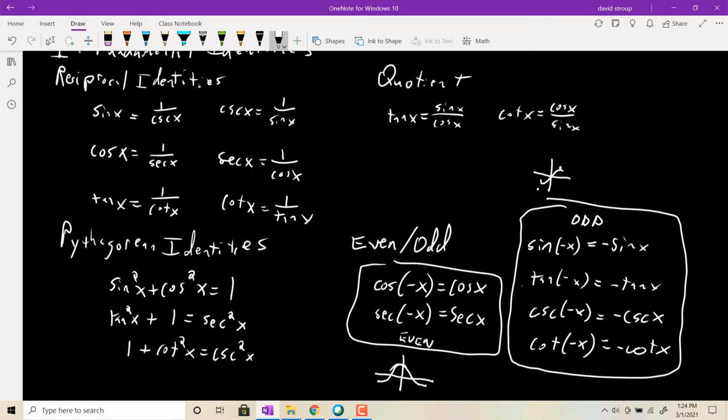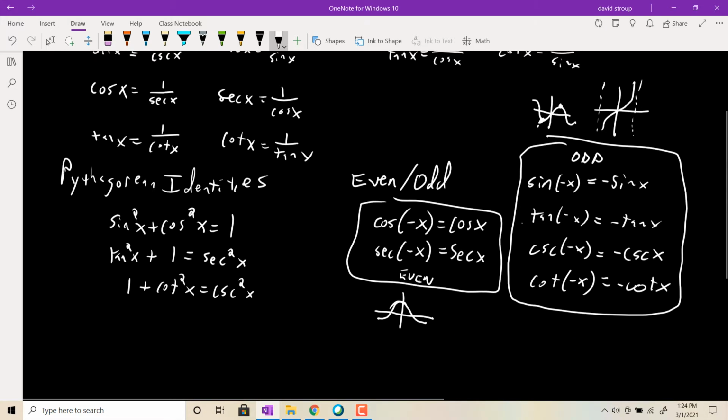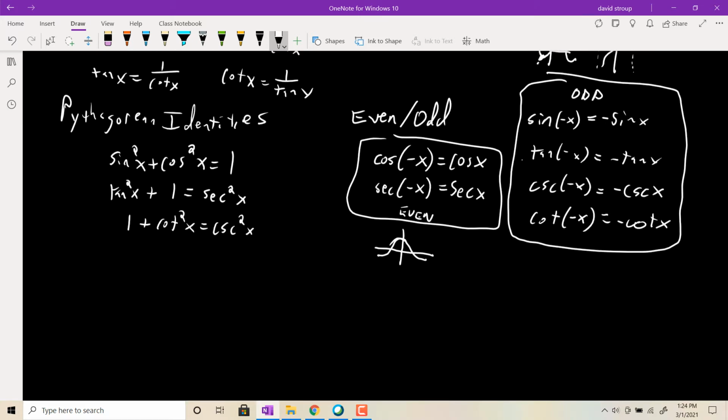So if you have a point x, y, then you'll also have the point negative x, negative y on the graph. Cubic functions have odd symmetry, and the tan function will have odd symmetry too. The tan function almost looks like x cubed, right? So those guys are all odd. Anyway, just trying to give you some way of memorizing that.